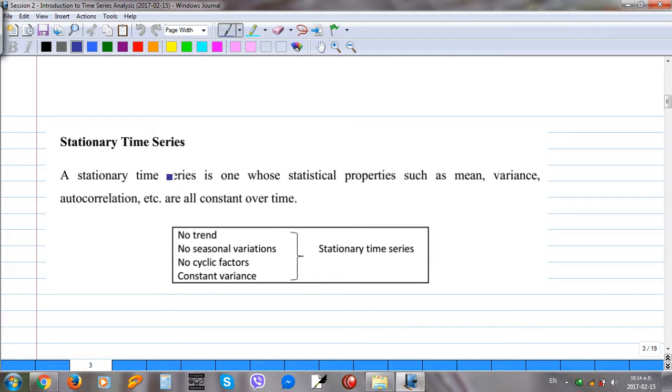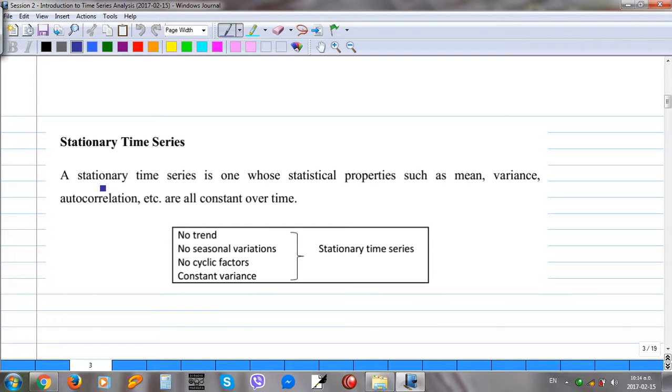There are two types of time series models, stationary time series and non-stationary time series models. A stationary time series is one whose statistical properties such as mean, variance, autocorrelation and so on are all constant over time.